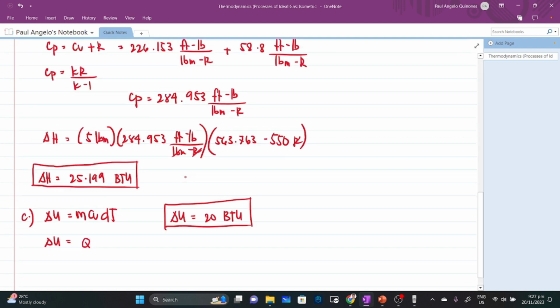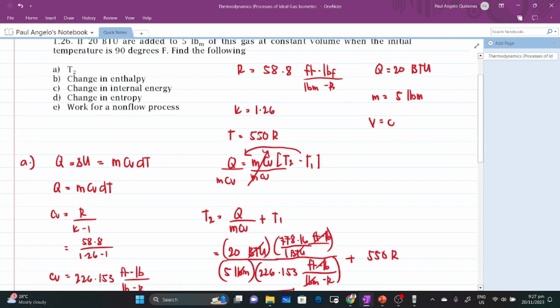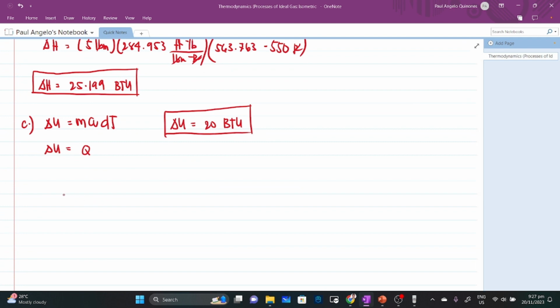Next, we are asked to solve for the change in entropy. That is letter D, given by delta S is equal to the integral of dq over T from point 1 to point 2. Let's evaluate this one.